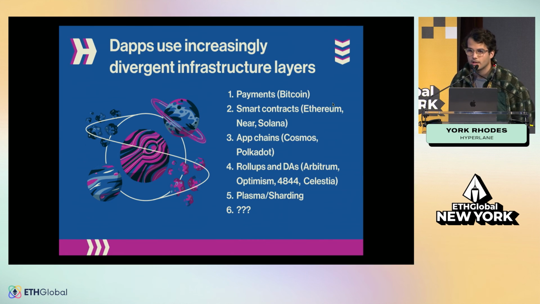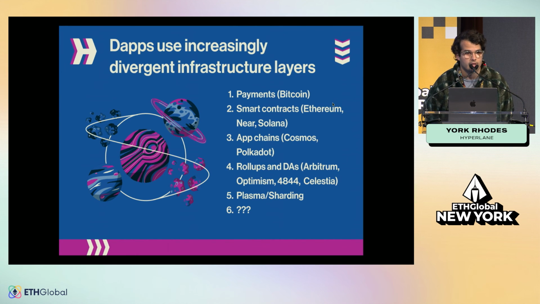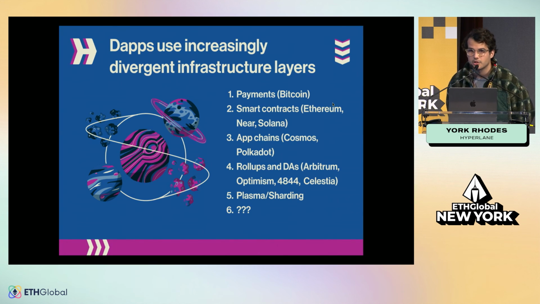It had this very simple blockchain architecture. And then Ethereum came along and generalized this to any sort of computation that can be executed in the VM within the block. We have Near and Solana who quickly followed suit. There's some other smart contract chains that would fit in this category.